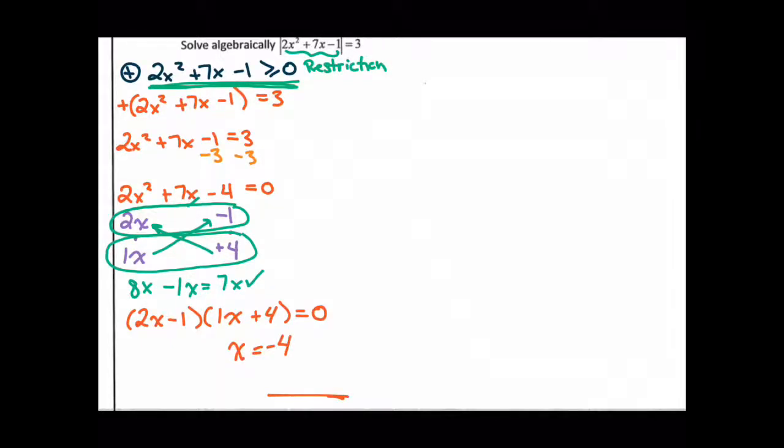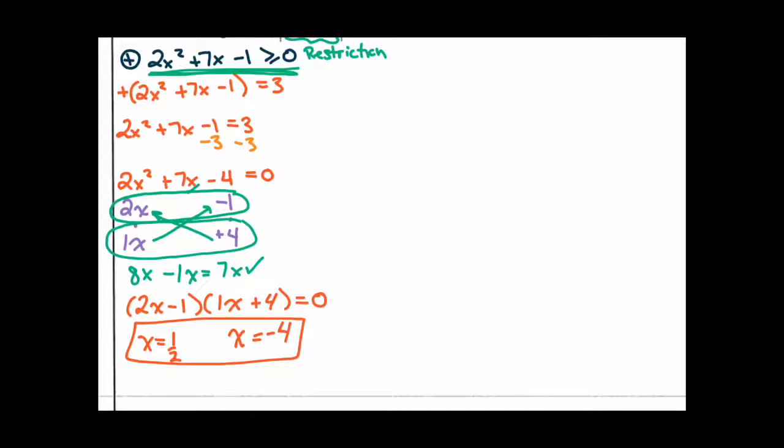Negative 4 and 1 over 2. And then you would stick those individually back into here to check. So I'm going to check each one. So I would put in 1 over 2 in for x to make sure it turns out to be greater than 0 or equal to.